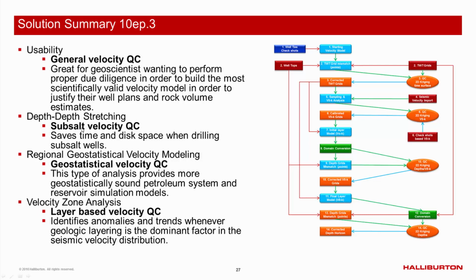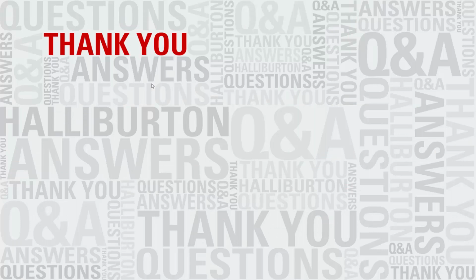We talked about the subsalt funhouse mirror effect of correcting velocities and depth conversions, and then just general usability within velocity modeling. So it was lots and lots of work, but that's the main gist of what we did in velocity modeling. I thank you for your time, and I'm ready for questions.